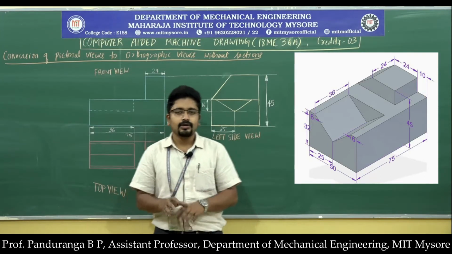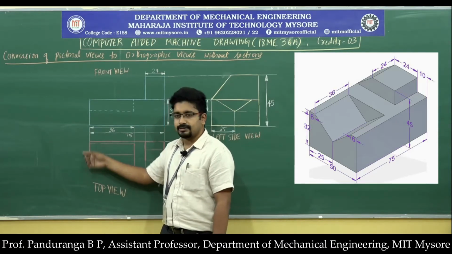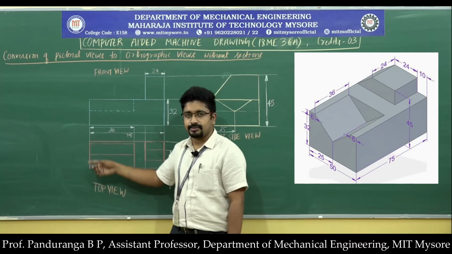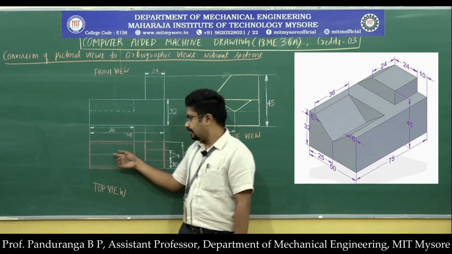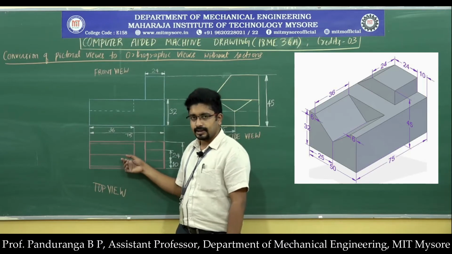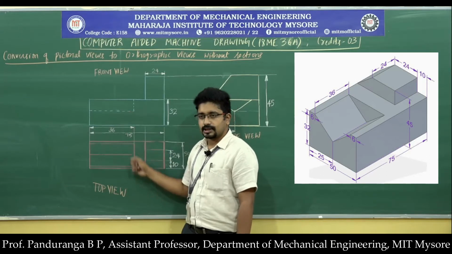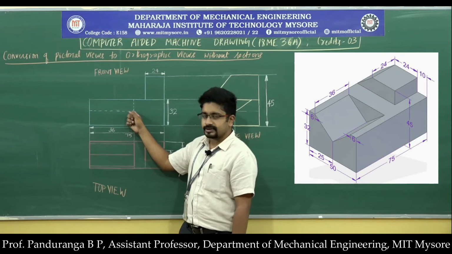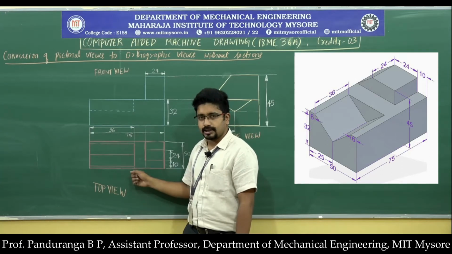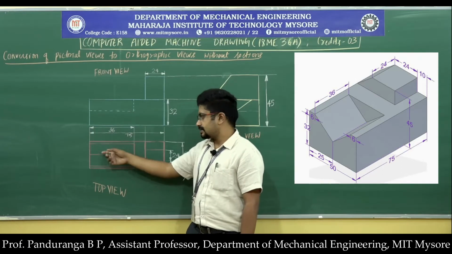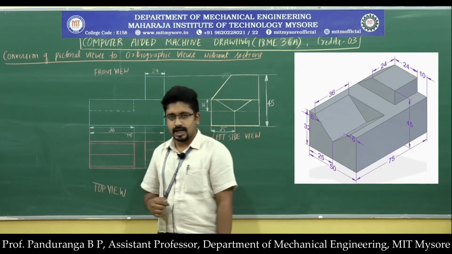Because of that, from these 2 extreme ends, which are at a distance of 50 millimeter, I will measure 25 millimeter, and from there I will draw a construction line, and I will end that construction line at the projection line which we have drawn from the end of the channel in the front view. So that marks the apex line of the channel.